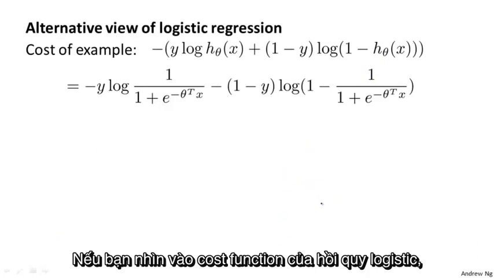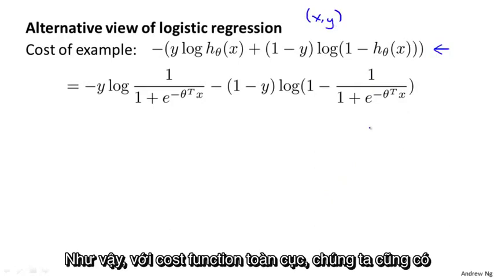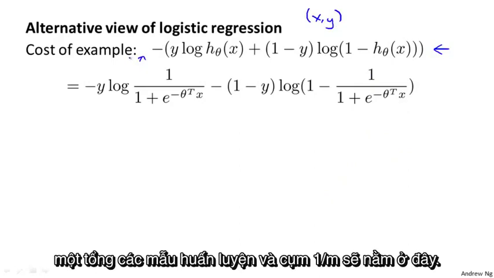If you look at the cost function of logistic regression, what you find is that each example, x comma y, contributes a term like this to the overall cost function. For the overall cost function, we would usually also have a sum over all the training examples and a 1 over m term.